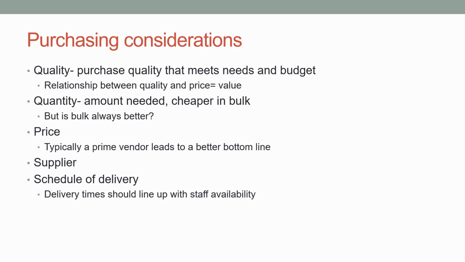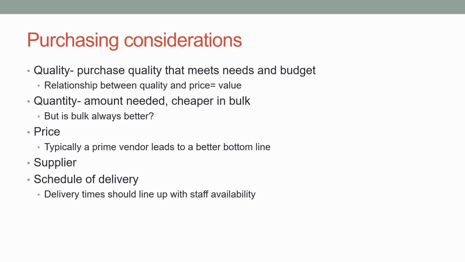So some things that you need to think about when deciding which products to purchase. Really we need to purchase quality products, but this doesn't always mean that we're going to purchase the most expensive or the highest quality product available. Really, we're going to purchase items where the quality meets our needs for what we're doing with it and our budget.